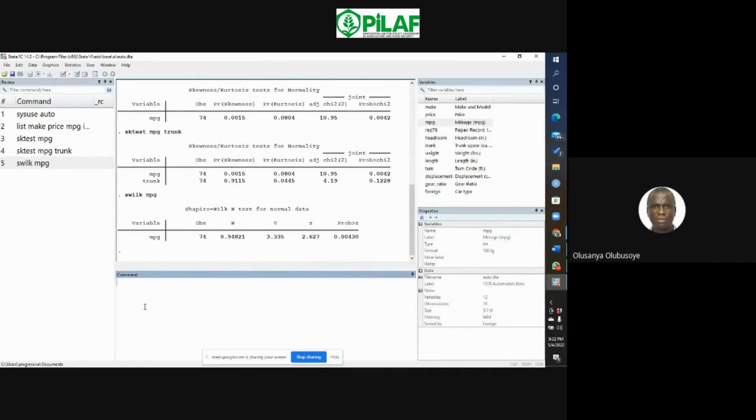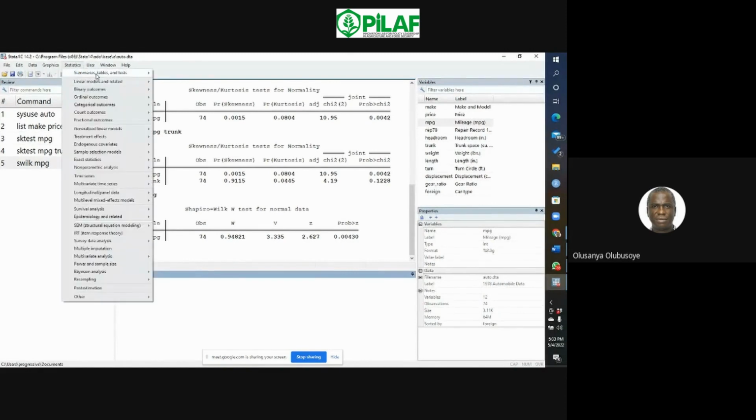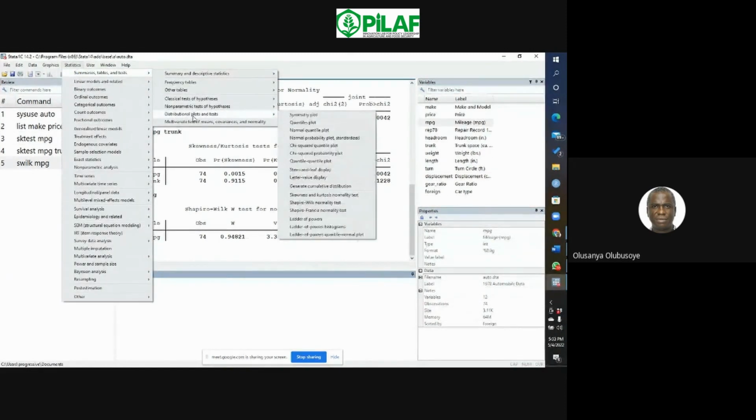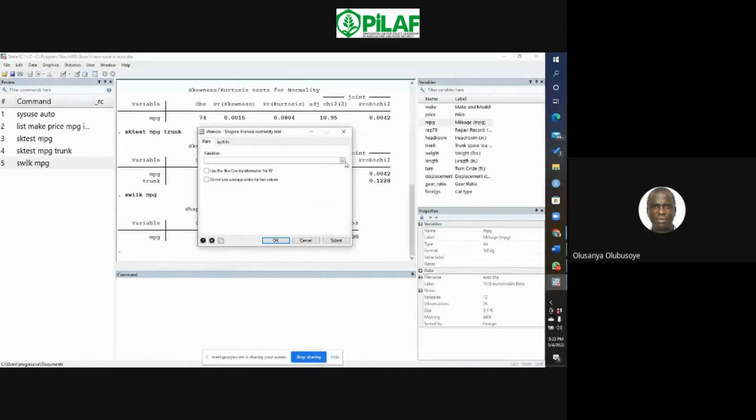Okay, great. So the stage we are now is I'm going to look at another test, the Shapiro-Francia normality test. All the other code commands that I put there, you are the one that will run them on your own. Let me also use the MPG and then let's test.